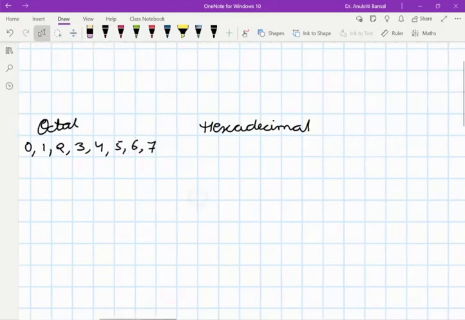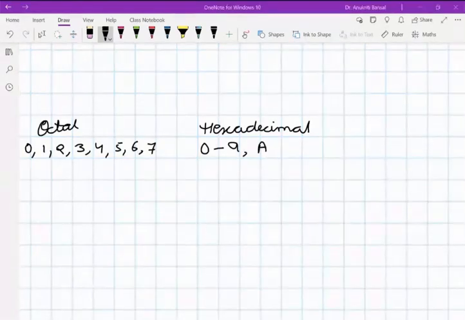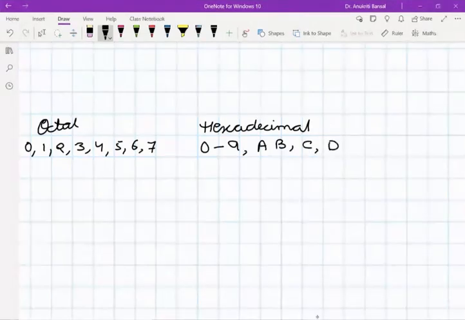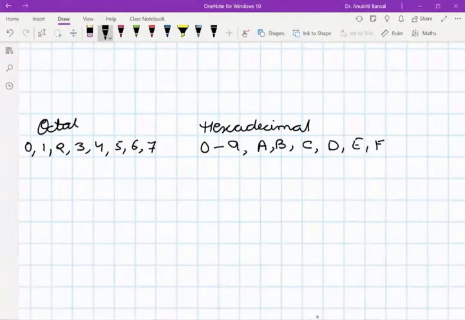Number. So we have 0 to 9, these 10 digits. Then we have A, B, C, D, E, F. So numbers from 0 to 9 can be represented by these digits.